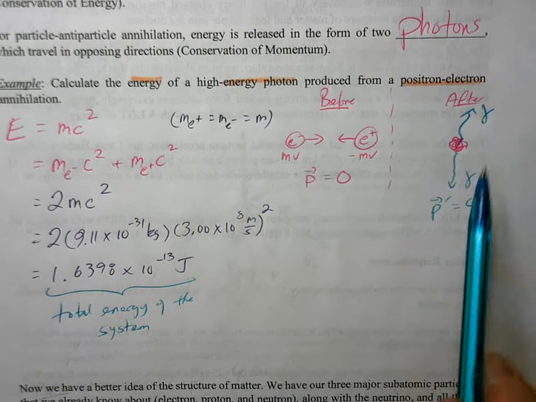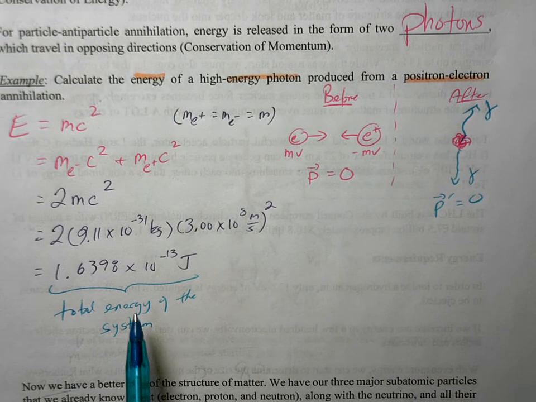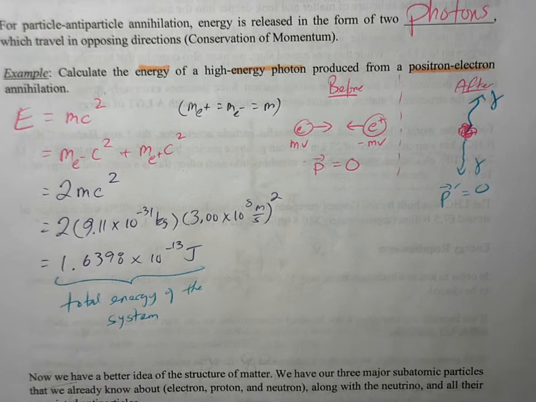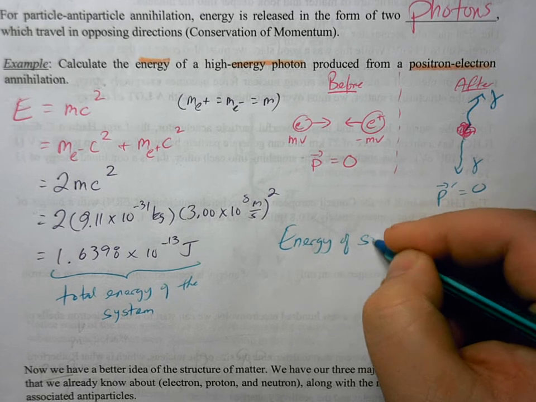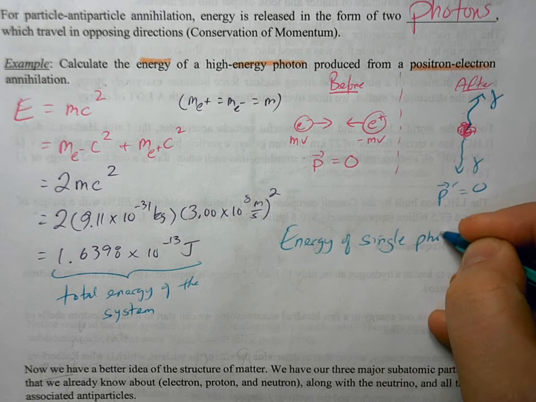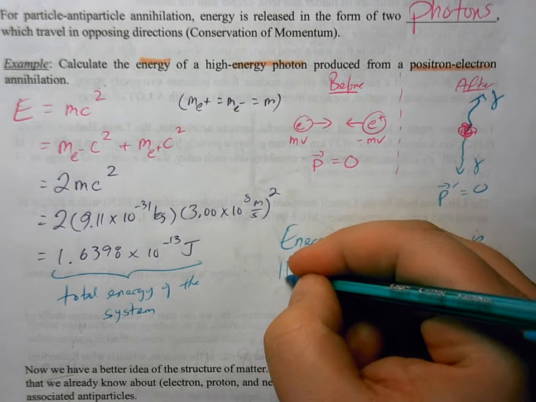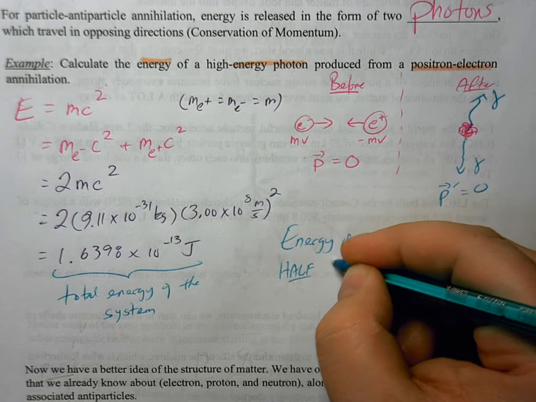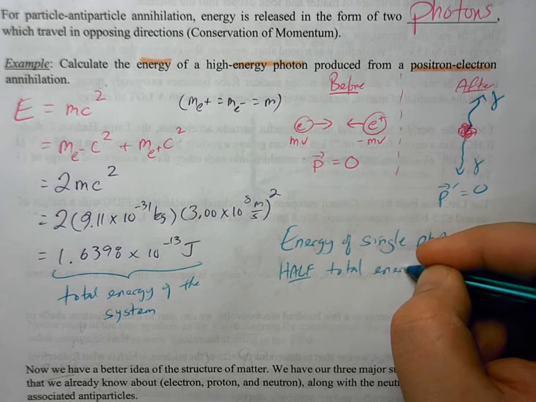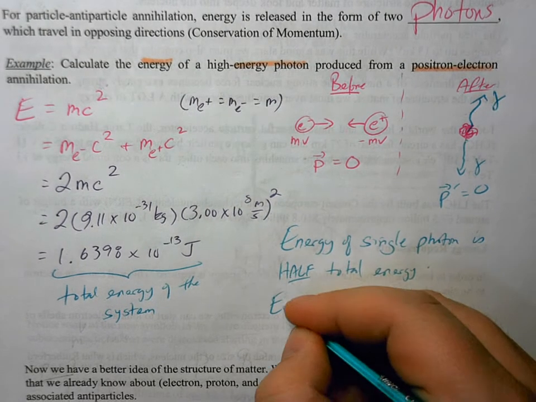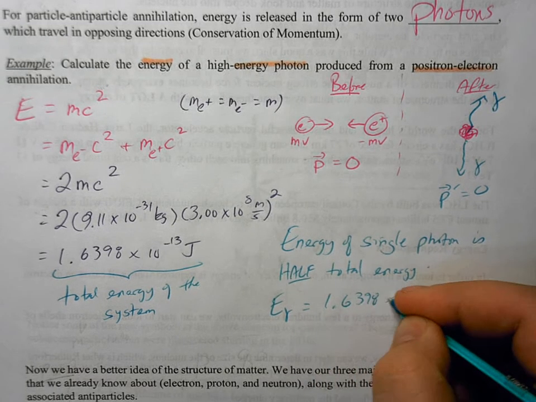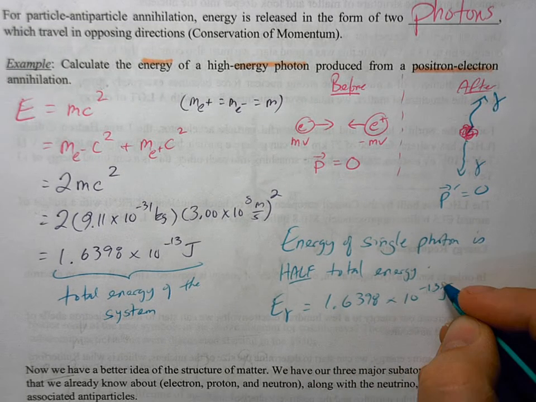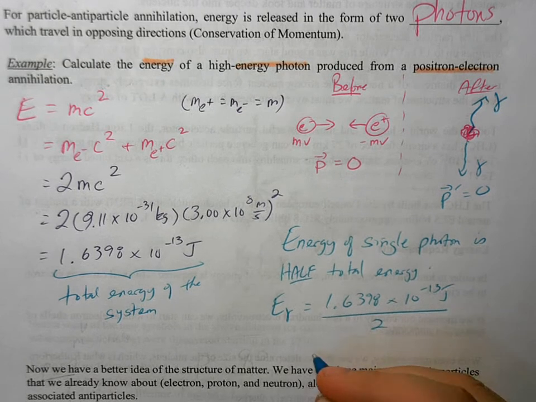So if we know they'll both take the same amount, each one is going to take exactly half of this. So the energy of a single photon is half the total energy. The energy of the photon is going to be about that 1.6398 times 10 to the minus 13 joules, and then we'll divide that by 2.